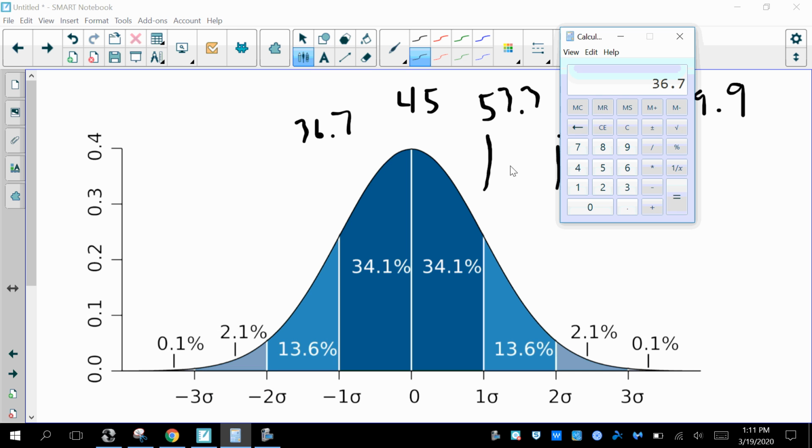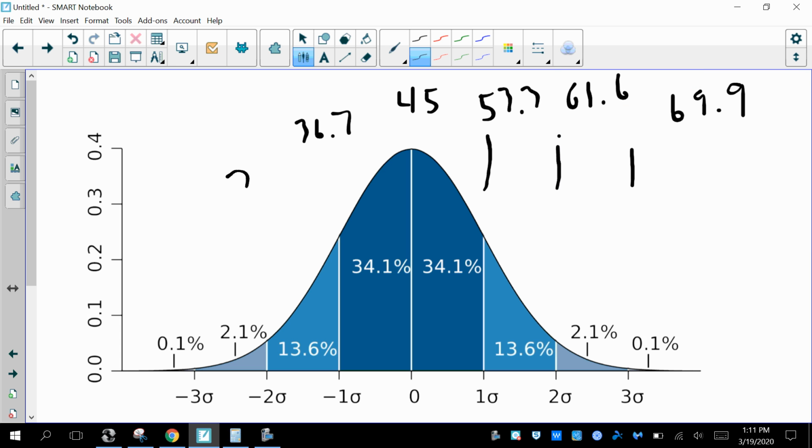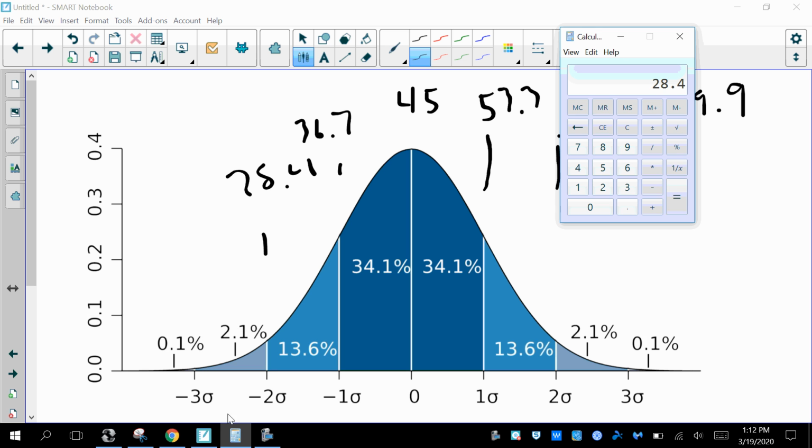And if I subtract another 8.3, 28.4. If I go one more, minus 8.3, we get 20.1.